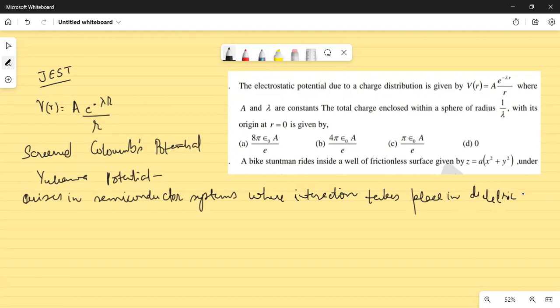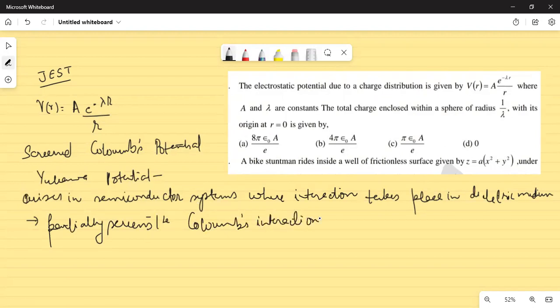And this dielectric medium partially screens the Coulomb interaction between the charges. Such a screening potential is given by this. So that is a little bit about this particular potential.